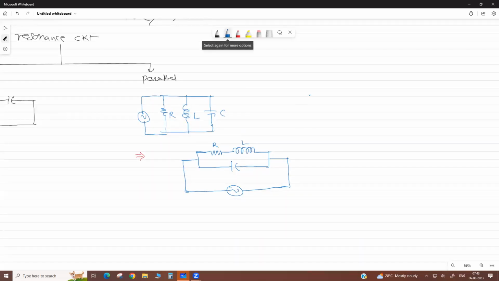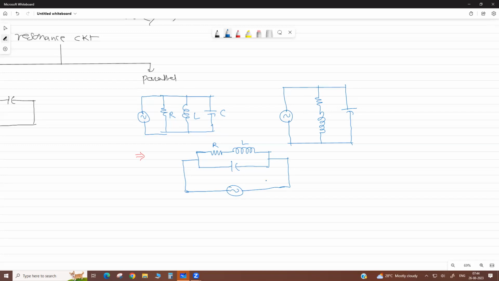We can make it as a vertical circuit, like this: resistance, inductor, then here C. So this forms actually a parallel resonance.